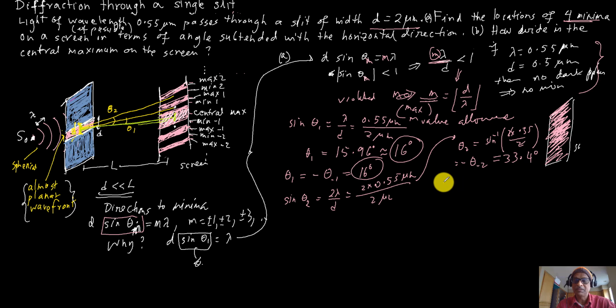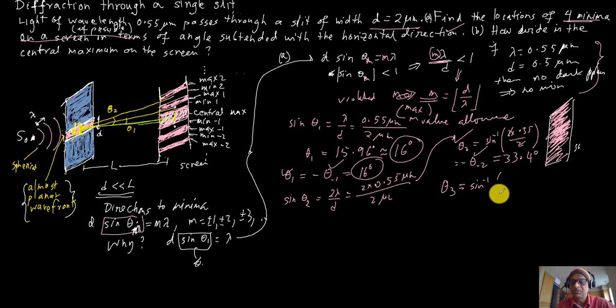How about theta 3? We already got the answer, this 4, okay? This 4 angle is good enough to tell 4 minima on the screen, okay? So that's already answered, but let's do the theta 3 just for the heck of it.